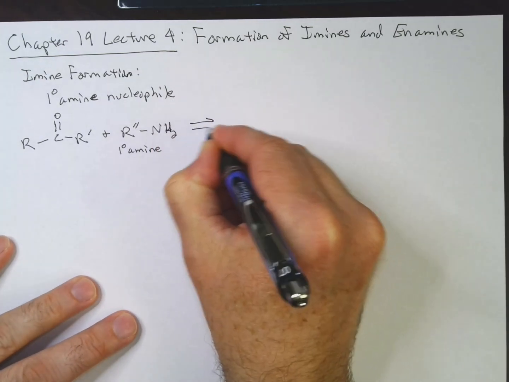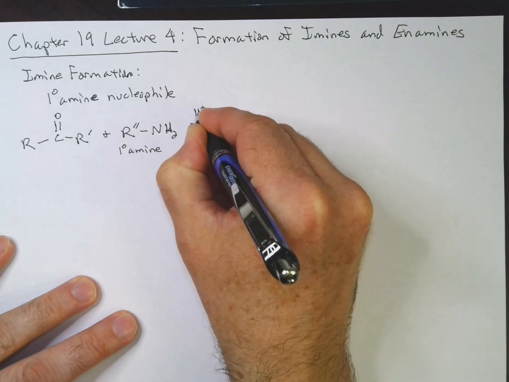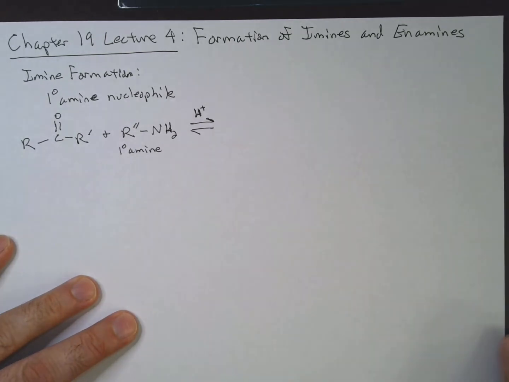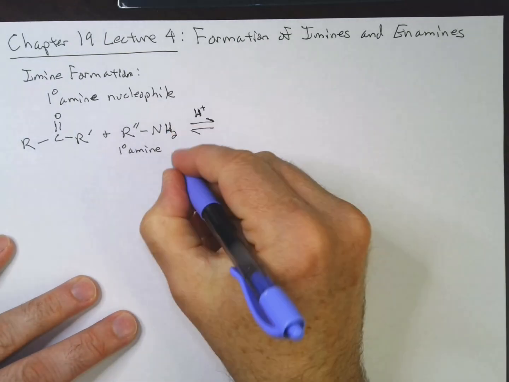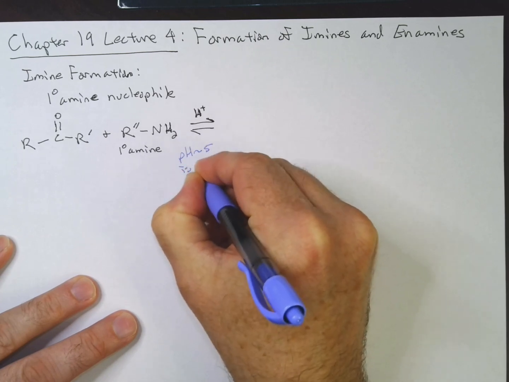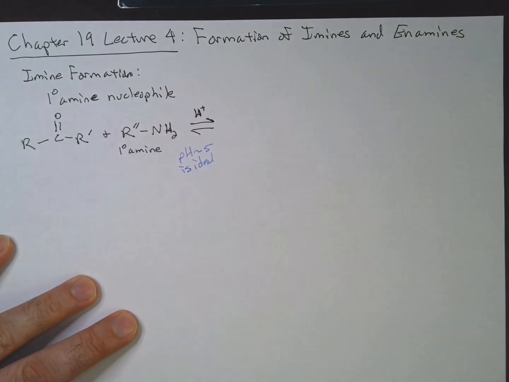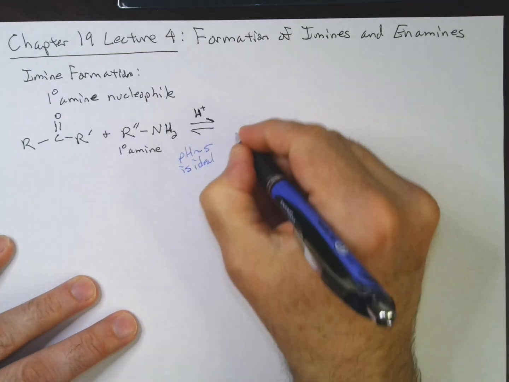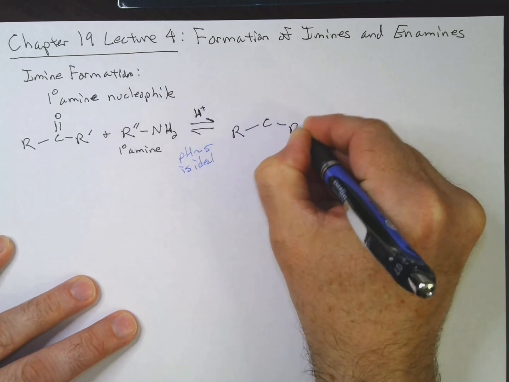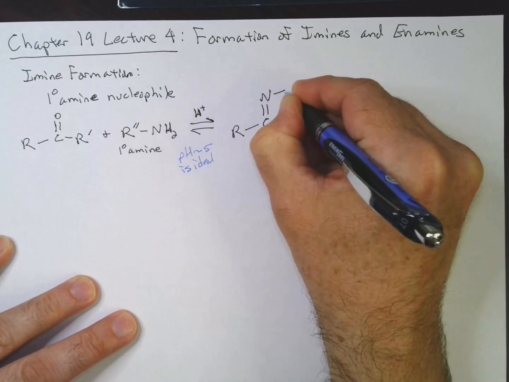This is a reversible reaction, and it requires a little bit of acid. So in this case, a pH of around 5 is ideal. And the product we get is an imine, which has a carbon-nitrogen double bond.